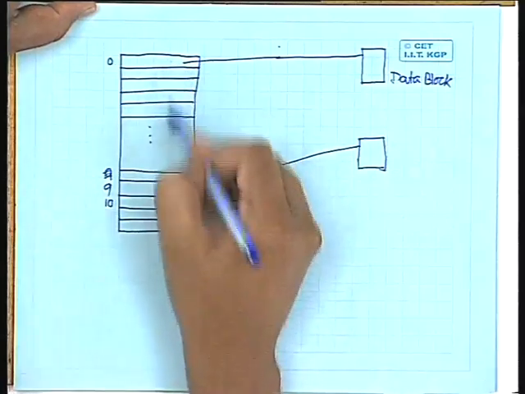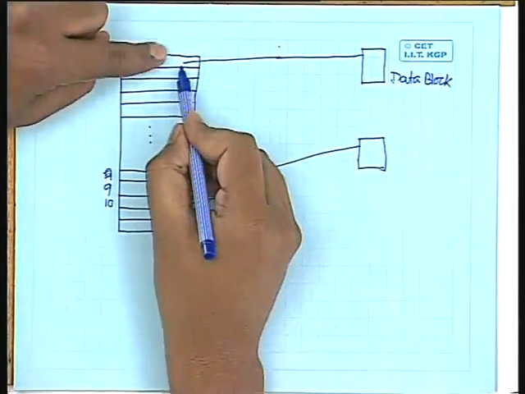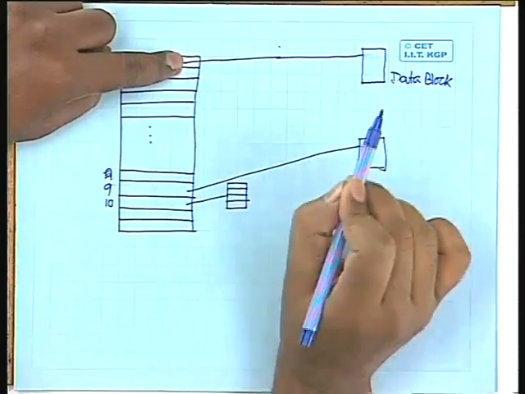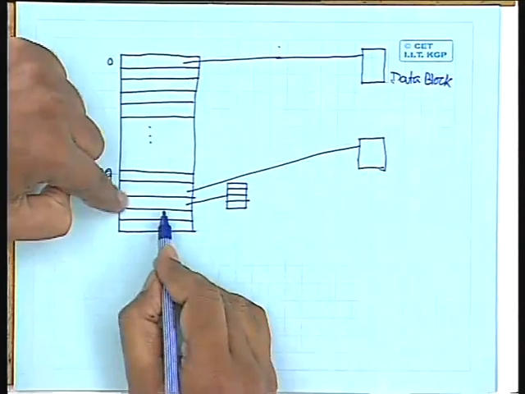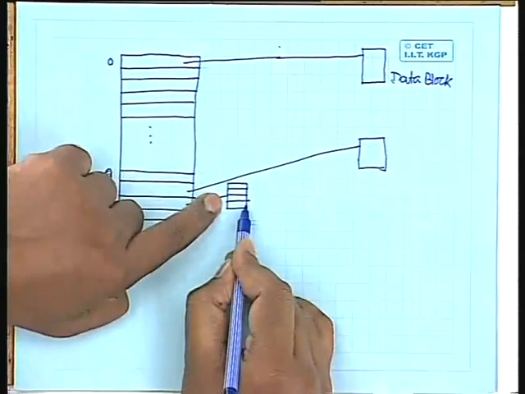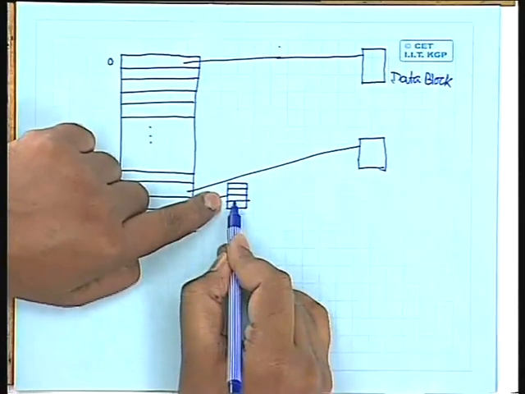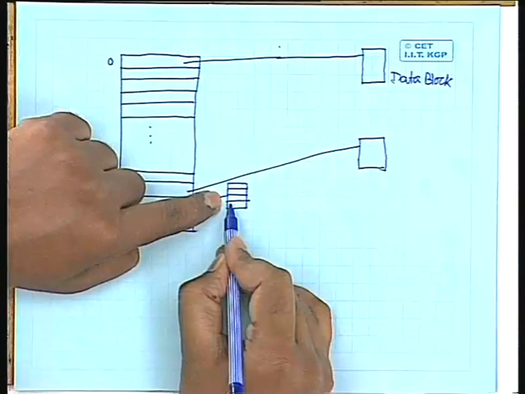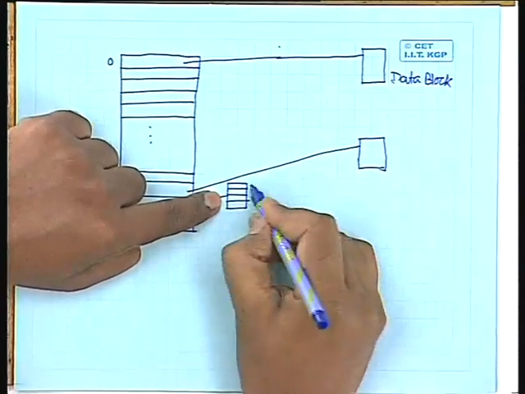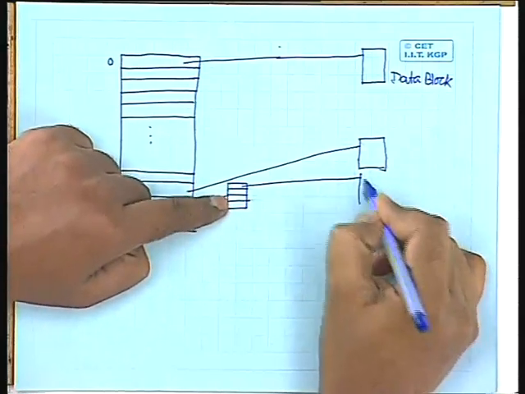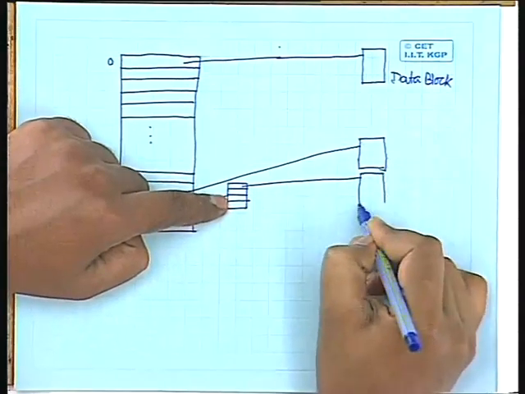In the case of direct entries, each entry is a block number of a block containing file data. This entry contains the block number of a block that does not contain file data; it contains a set of block addresses, and each of these entries points to a block which contains the file data.